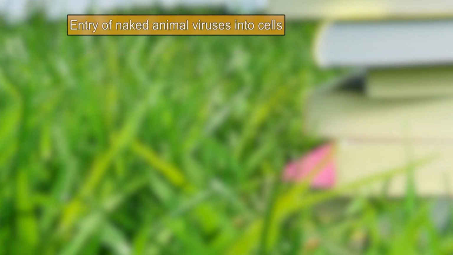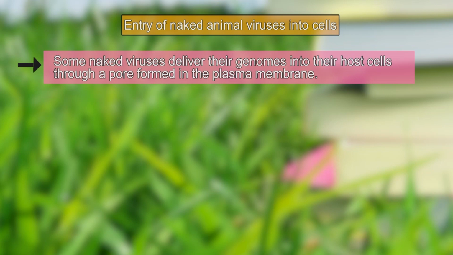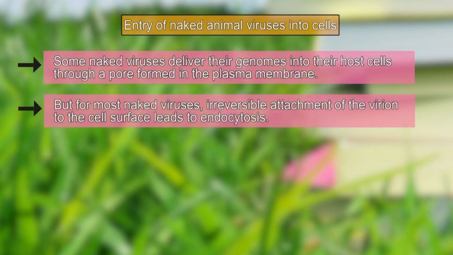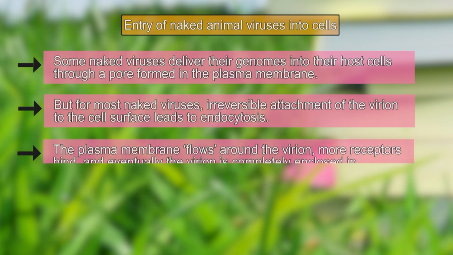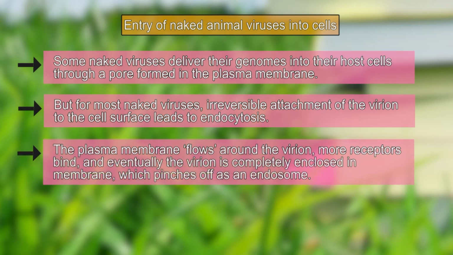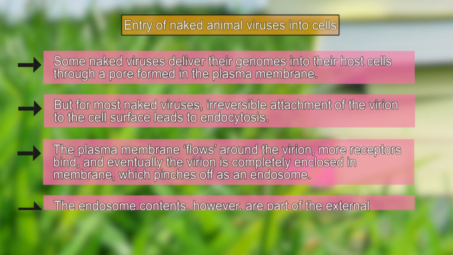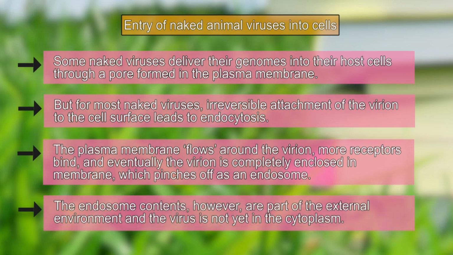Now, entry of naked animal viruses into cells. Some naked viruses can make an entry through a pore present in the plasma membrane, or they can use receptor mediated endocytosis. First there is reversible attachment, then irreversible attachment, and then they are engulfed within the endosome and remain in the exterior environment.